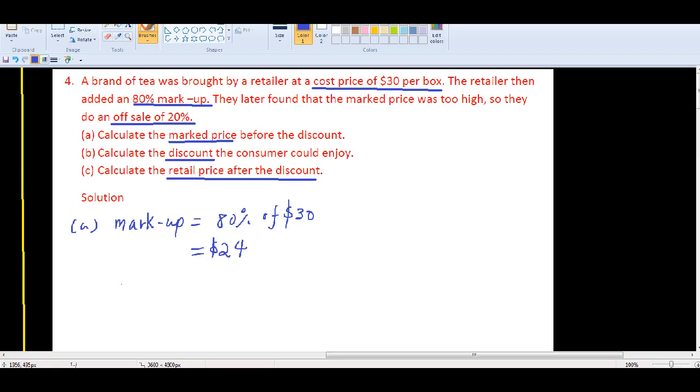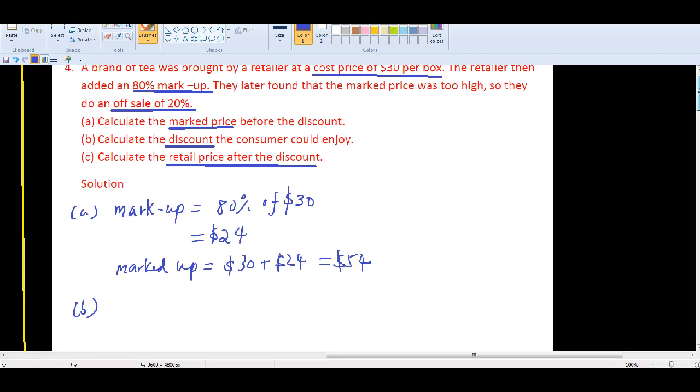The marked price will be the price after markup, so it will be $30 plus $24, which is $54. Then we're going to find the discount. The discount is 20%.